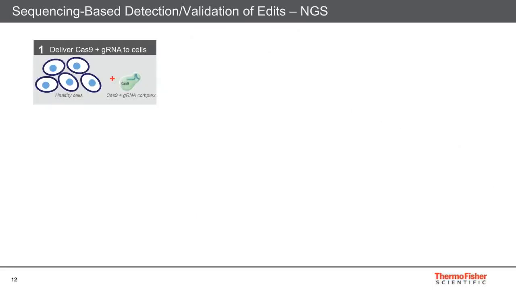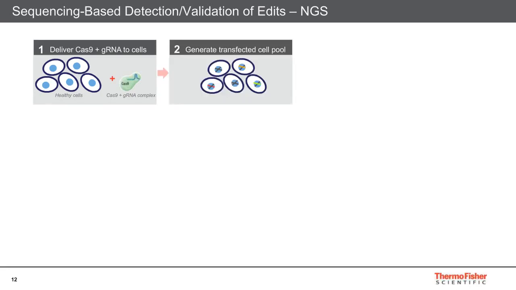And I will go through the simple workflow using next-generation sequencing to address these questions. Once again, in this workflow, the first step is delivery of the CRISPRs to cells, followed by transfection, and generation of the transfected cell pool. The transfected cell pool can then be subjected to PCR amplification as before.